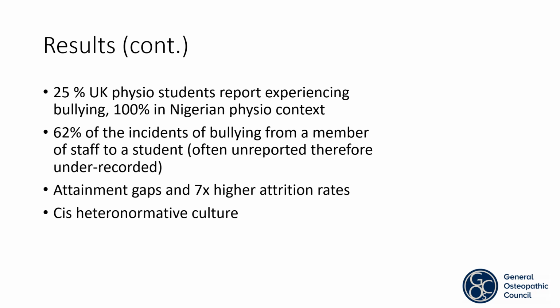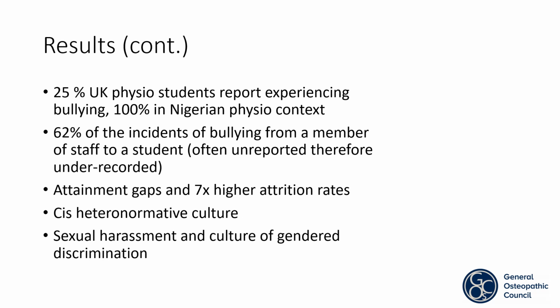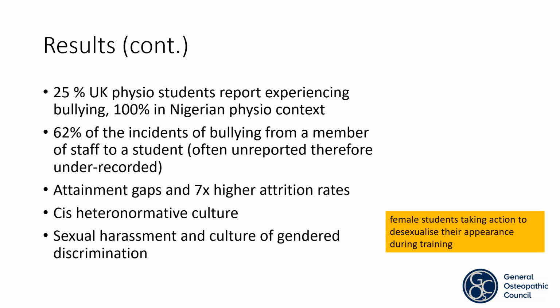It was a cis heteronormative culture, and that was often masked in humor, but there was a lack of data on the experience of students who identified as LGBTQIA+. There was sexual harassment and also a culture of gender discrimination, and female students took actions to try to desexualize their appearance during training.